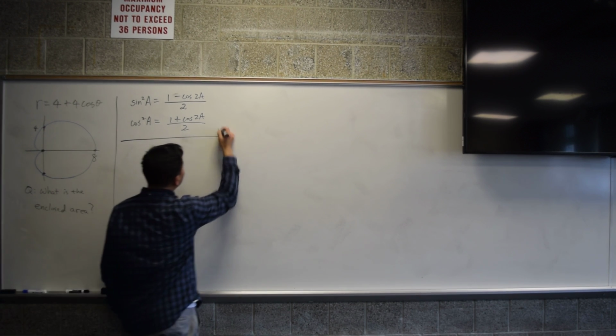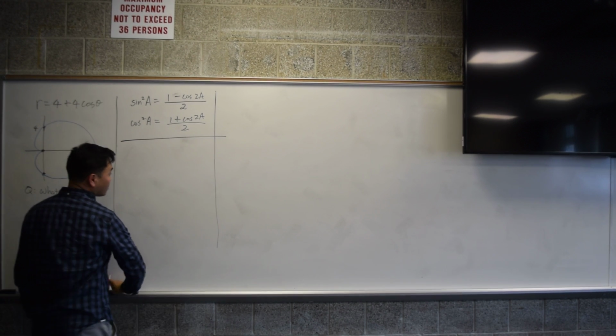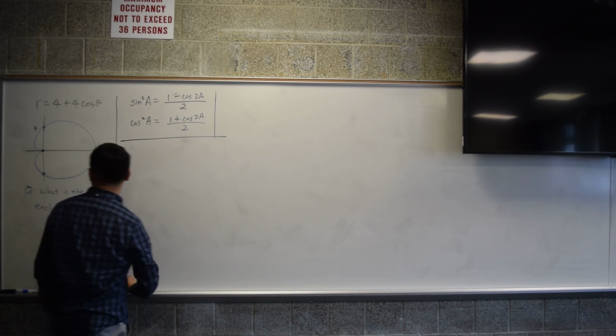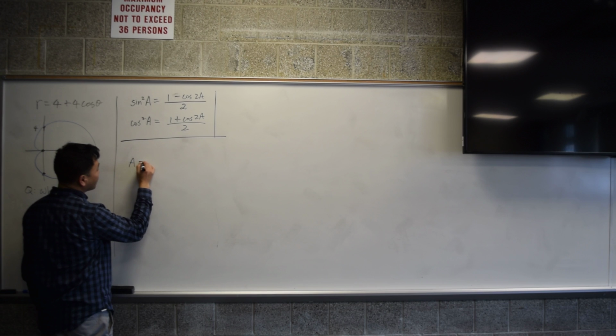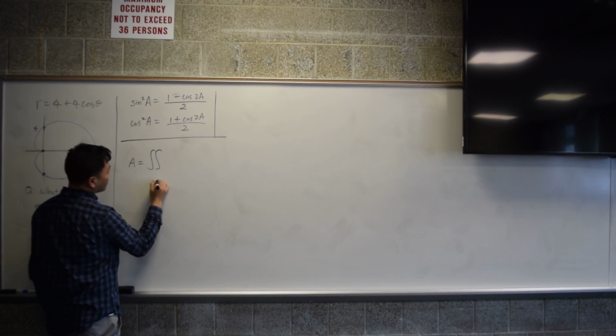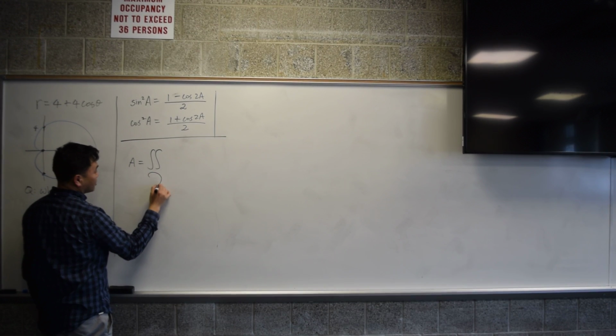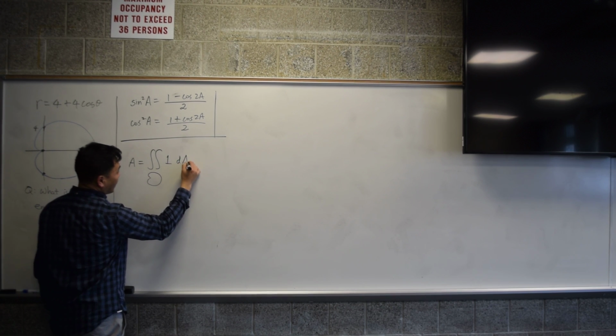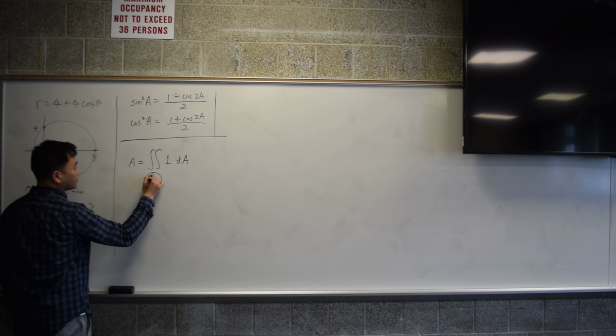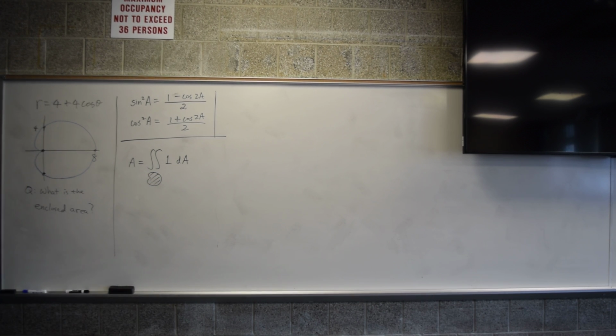So let's write down the double integral. Here's how it works. You write down the area as integral of 1 dA. And the reasoning was this.